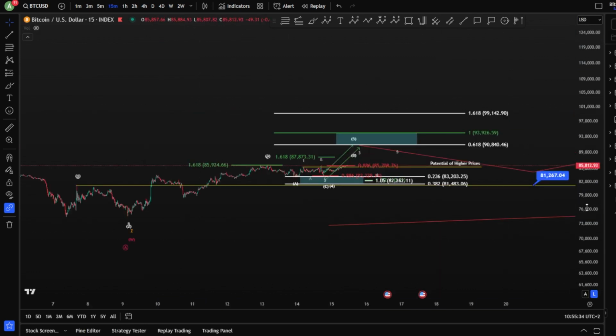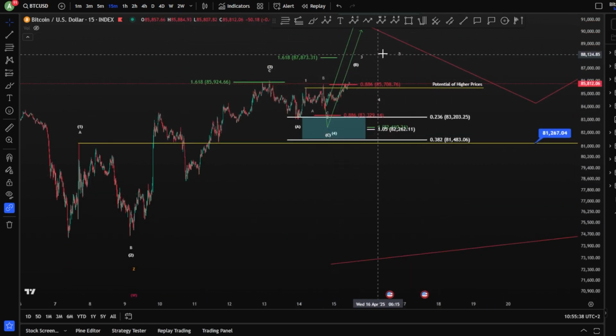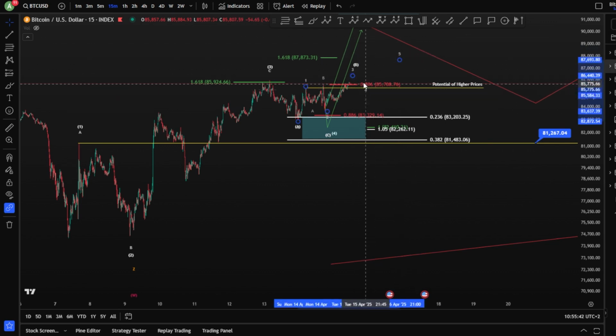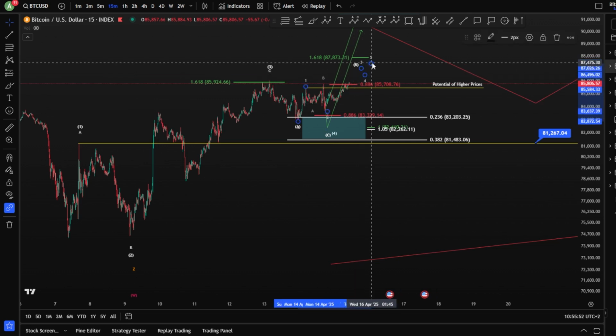Currently, as we said, of course, on the micros, we would like to see a finished structure for a wave 5 here. So we would like to see a 3, 4, and a 5 finishing, of course, around the 1.618, which would be preferable for this scenario where you have 1, 2, 3, 4, 5, at least the 1.618.